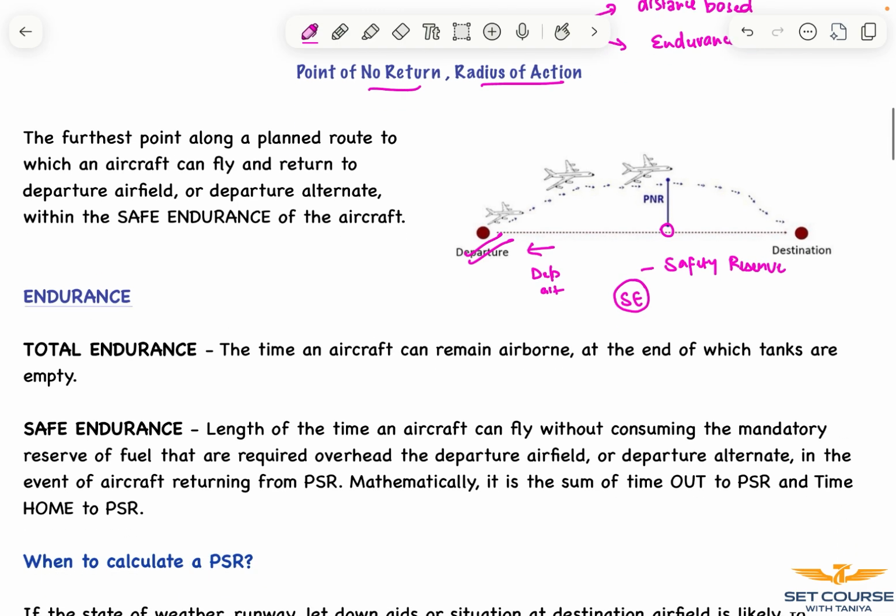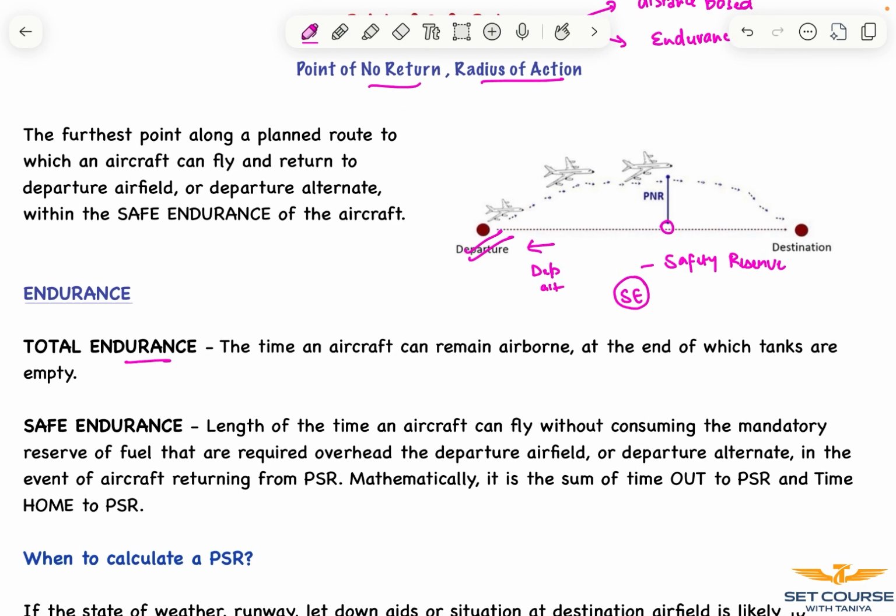Endurance is of two types. Total endurance is the time for which an aircraft can remain airborne, at the end of which all tanks are empty. So the total time that an aeroplane can fly consuming all of the tanks is the total endurance.